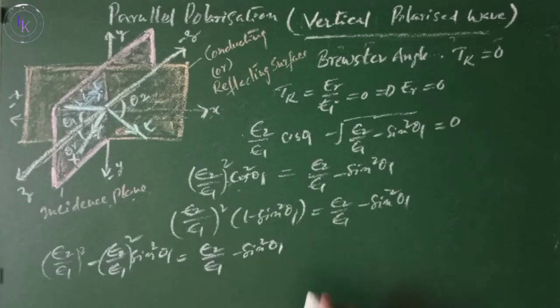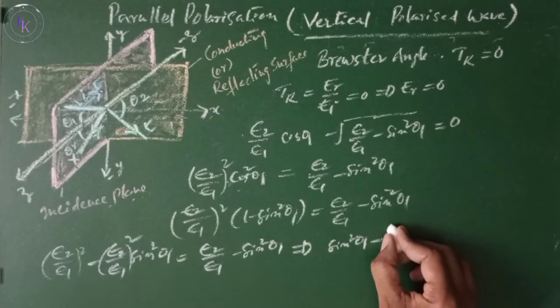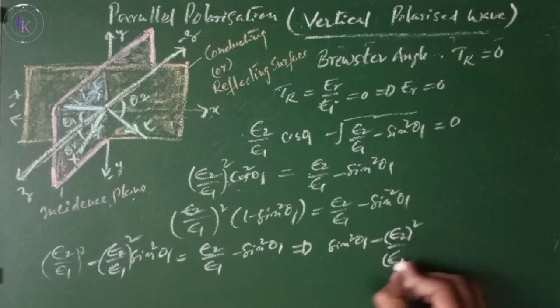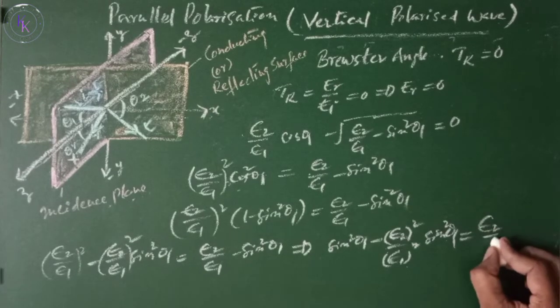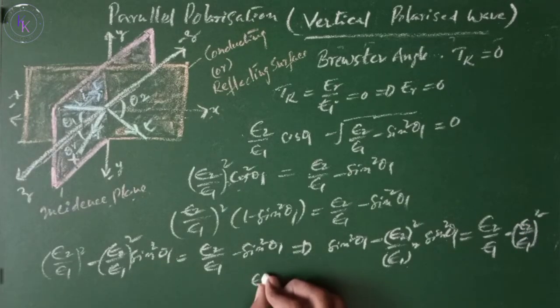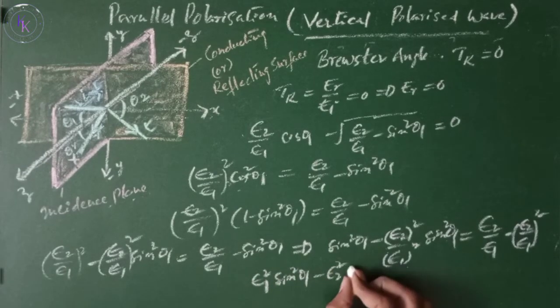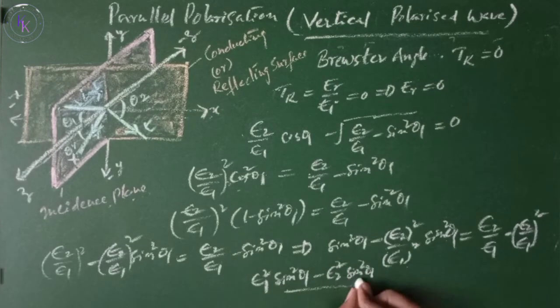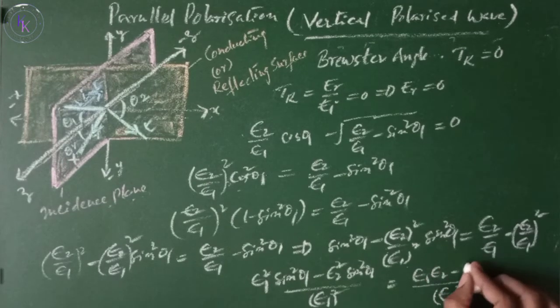Take the sine terms on one side: sin²θ1 minus (ε2/ε1)² sin²θ1 equals ε2/ε1 minus (ε2/ε1)². Now taking the LCM on both sides, (ε1² sin²θ1 minus ε2² sin²θ1) divided by ε1² equals, with ε1² common, (ε1ε2 minus ε2²).